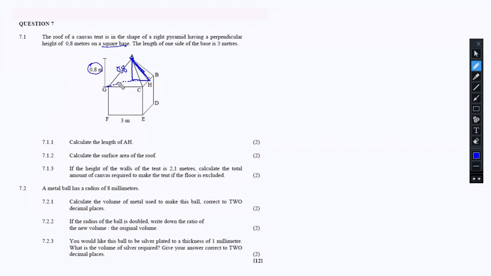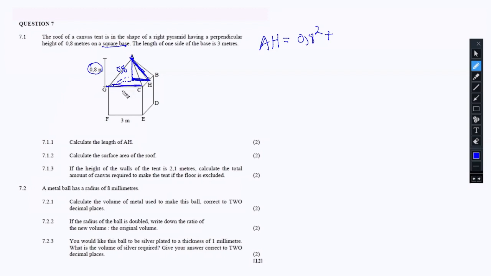So that means in order to solve this, I need to actually say AH is equal to 0.8 squared. But then again here, when we are considering this length here, we need to always remind ourselves that this length here is always half the length of the base.